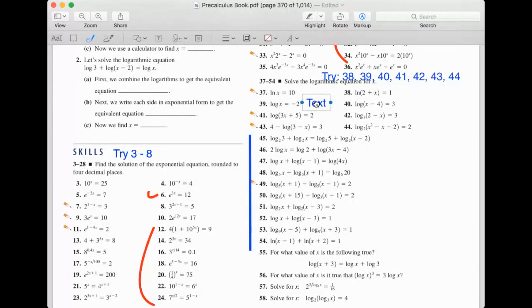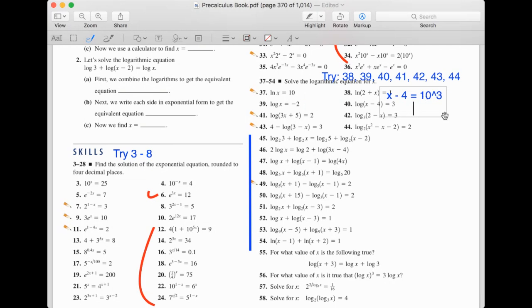Okay, so for number 40, we have log of, well, we know that it's log base 10 because there is no base present, so we already know that it's 10. So log base 10 of x minus 4 equals 3. The first step that I did was I converted it into an exponential, so that is x minus 4 equals 10 raised to the third power. Perfect.